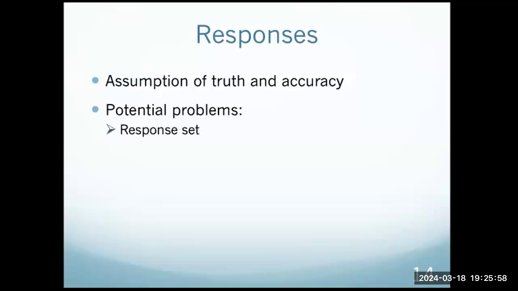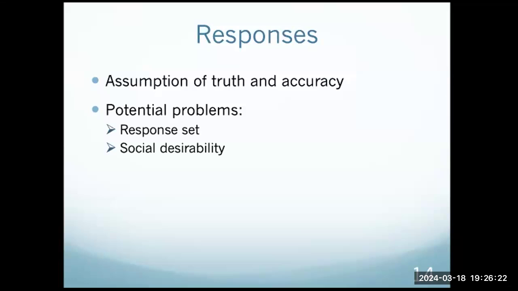So problems would be like a response set, as I mentioned, that comes from laziness, where people get bored and just want to get through it quickly and answer in a way that isn't thoughtful and then just hand it back to the person who's doing the surveys. Another problem is because it's self-report, people could be answering in a way that they think will make them look good, right?